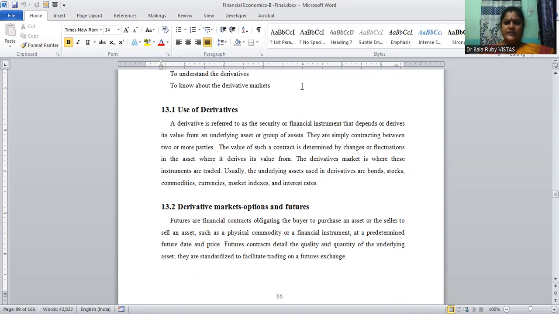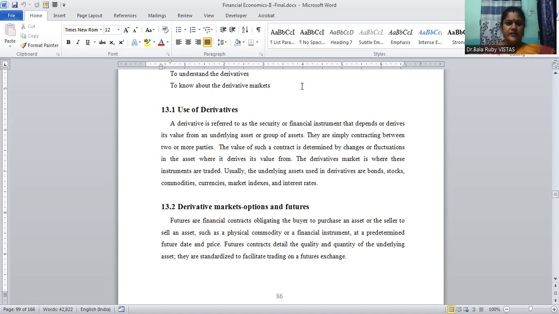The value of such a contract is determined by fluctuations in the asset from which it derives its value. The derivatives market is where these instruments are traded. Usually, the underlying assets used in derivatives are bonds, stocks, commodities, currencies, market indexes, as well as interest rates.